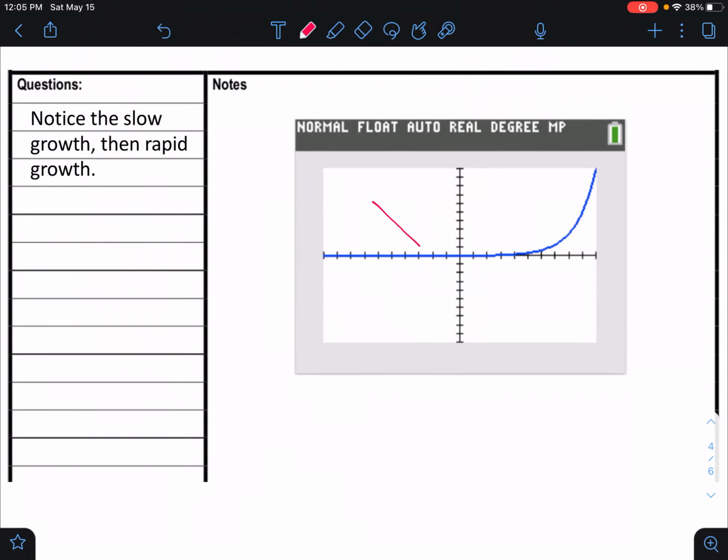Notice in this spot right here, it is increasing, but it's so hard to see on that graph because it's barely increasing. And then we get a little further out, and now we're starting to increase further, and then you can see the slope starts to increase right there, and now we have a rapid increase. Again, features of an exponential function.